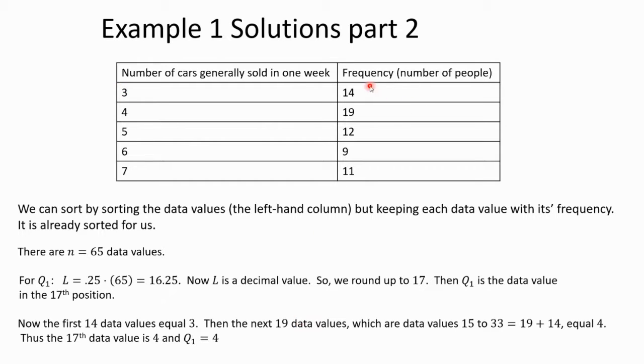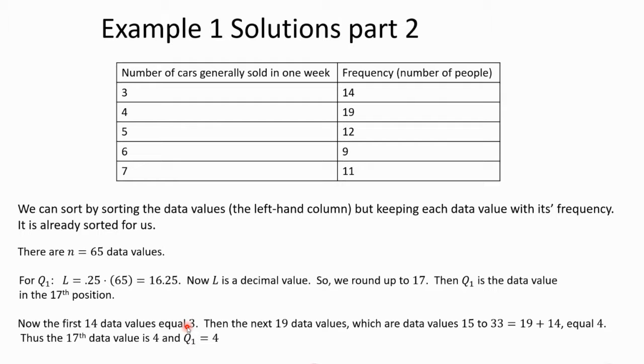The next 19 after that, so that would be 15, 16, 17, up to and including 33, which is 19 plus 14, all equal 4, as you can see. So the 17th data value would be 4. So the first quartile is 4. That's what Q1 is.